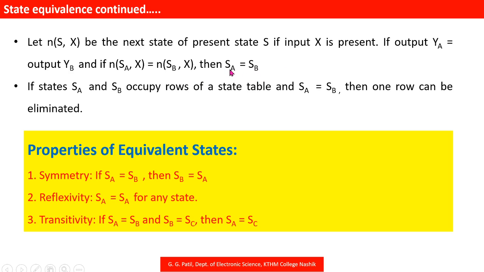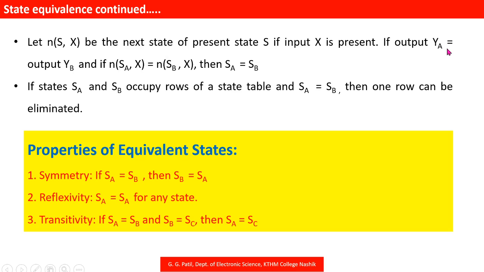If their outputs are the same, that is Ya equals Yb, and next states are equivalent, then the two states SA and SB are said to be equivalent. In short, the two states are equivalent when outputs are the same, that is Ya equals Yb.